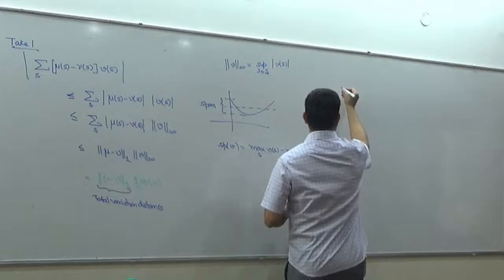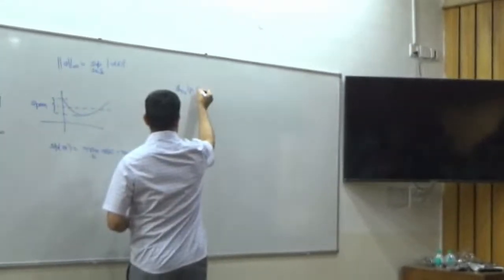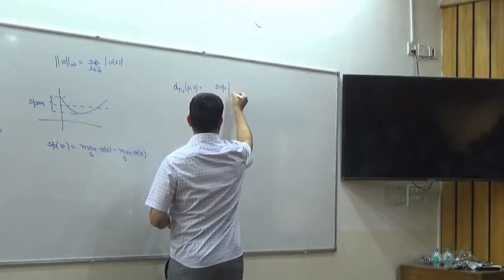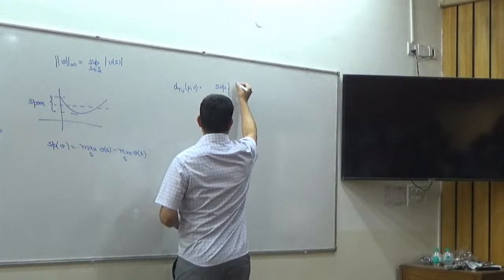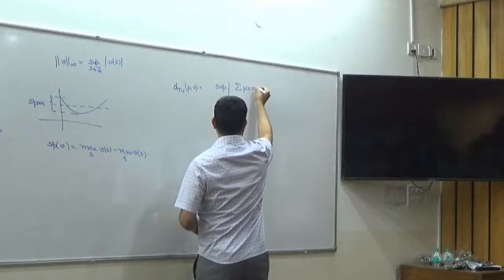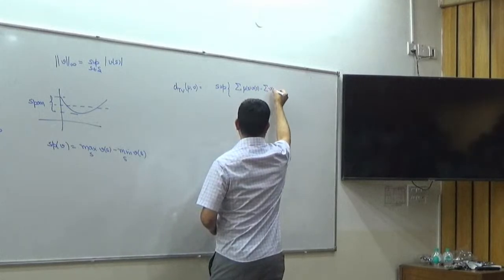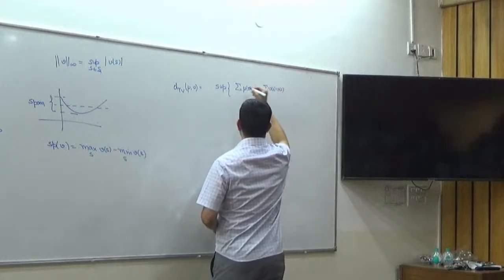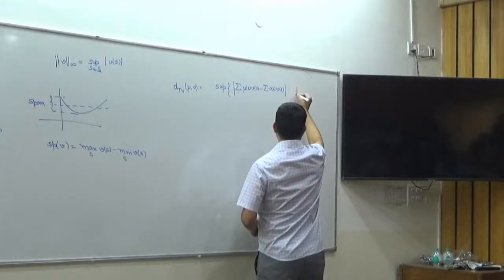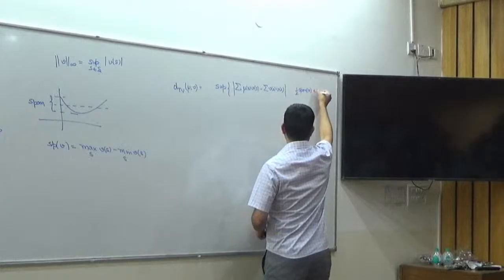I could have said that the total variation distance between mu and nu is equal to the supremum of the sum over S of mu of S times V of S minus nu of S times V of S, such that half span of V is less than or equal to 1.